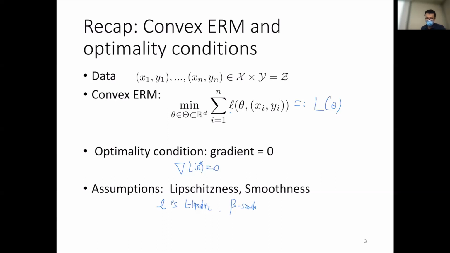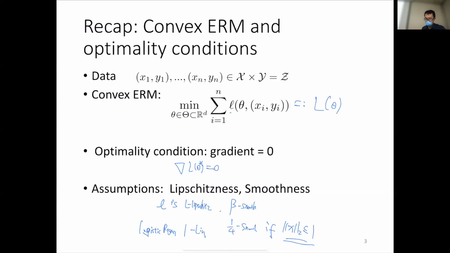In particular, when L is the binary logistic loss, it is one-Lipschitz and one-fourth smooth, if this is logistic regression and the input X is bounded by 1, right?